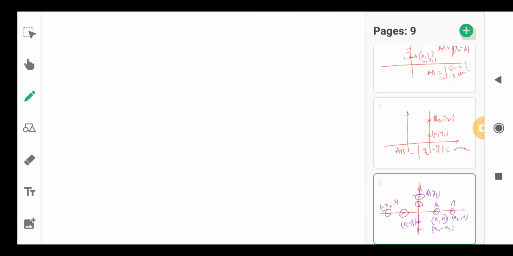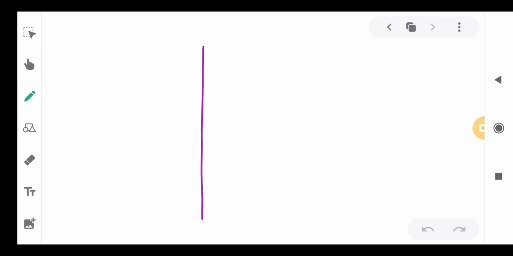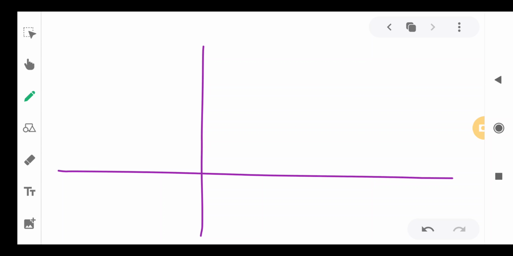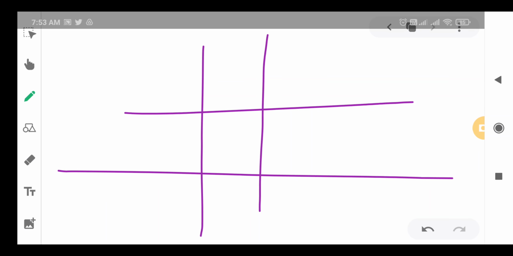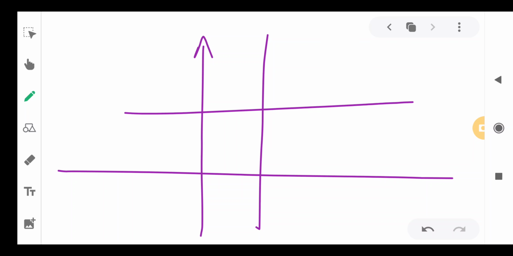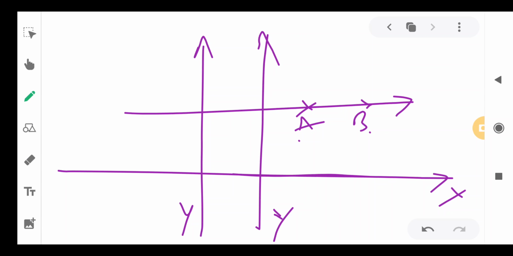But if the same thing is parallel, any line parallel in this way or this way, this is the y-axis, this is the x-axis. This is parallel to the y-axis and this is parallel to the x-axis. Now on this, the distance AB is again the same, x2 minus x1.